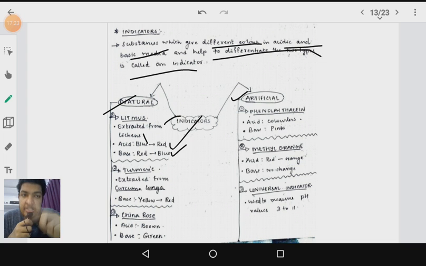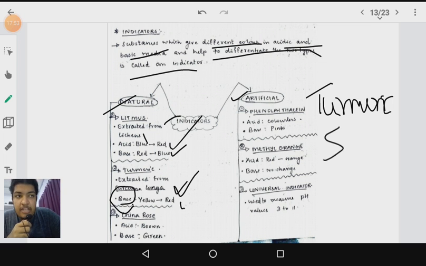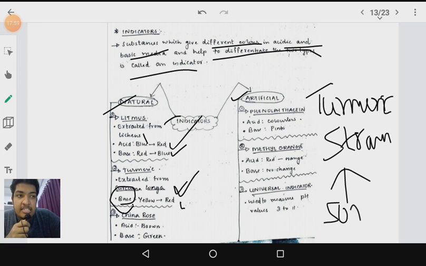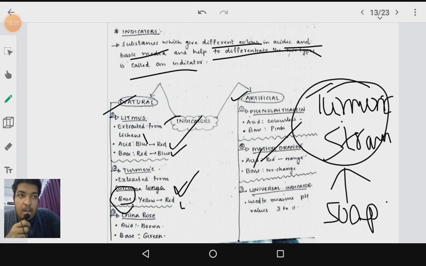The second one is turmeric. Turmeric is extracted from Curcuma longa, and it converts the yellow color of the turmeric into red color in the presence of a base. That means if there was a turmeric stain on a piece of cloth and you apply some soap onto that region, then the color of this turmeric stain will now change to red.